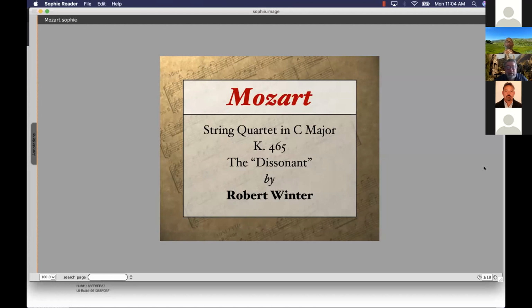This was a Mellon-funded project called Sophie, where we tried to develop an authoring environment so that people who were subject experts but not programmers could assemble something. So this program on Mozart is something that I put together, and I pretty much failed Physics for Poets, but I put this together in an afternoon.